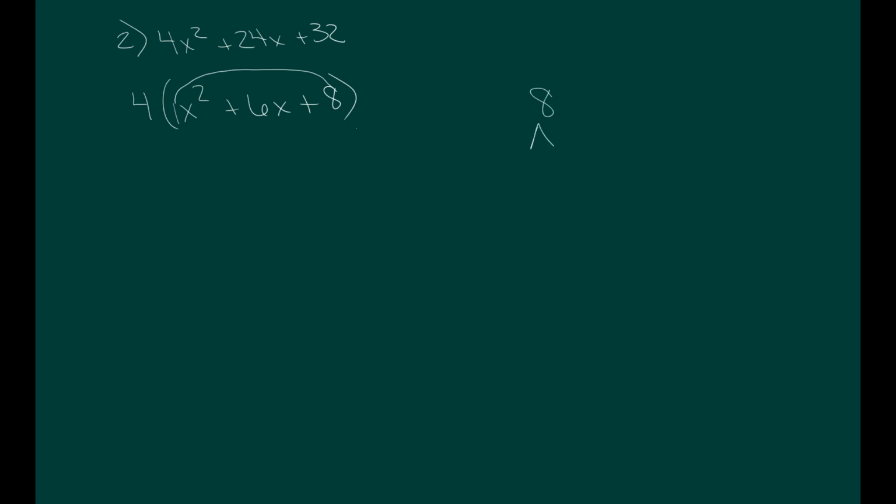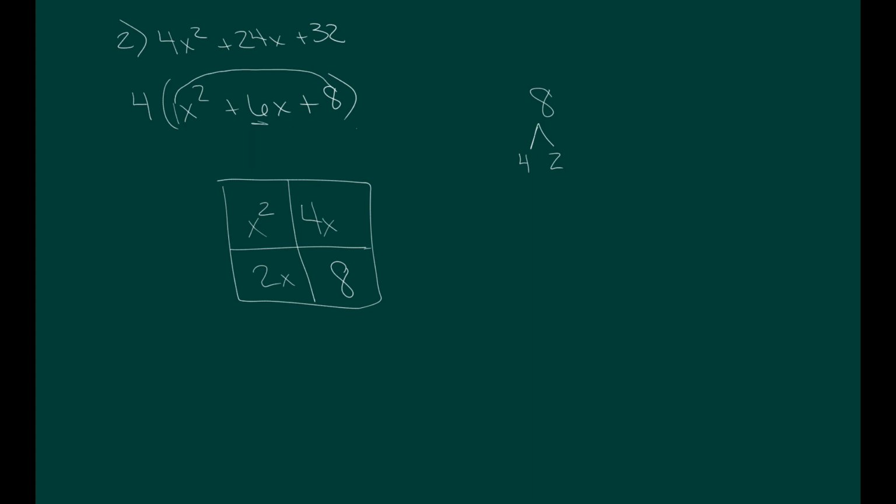What do you need to multiply to give you 8 that adds together to give you 6? A positive 4 and a positive 2. So with my box method, or square method, whatever you want to call it, I'll put my first term in the first box, my last term in the last box, and I'll put the 4 and the 2 here with x's: 4x and 2x.